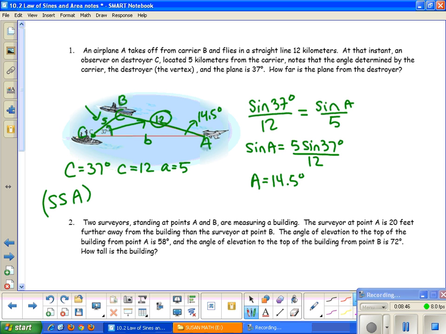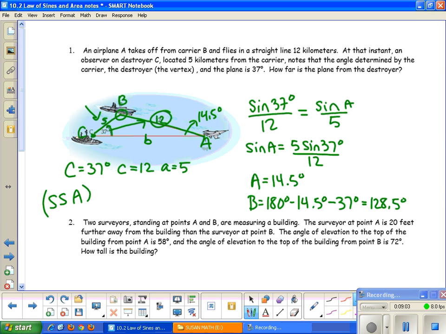So if I know A is 14.5 degrees, then I can figure out angle B by using the triangle sum theorem. So B is equal to 180 degrees minus 14.5 degrees minus 37 degrees, which is 128.5 degrees.